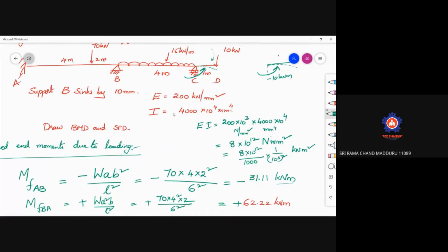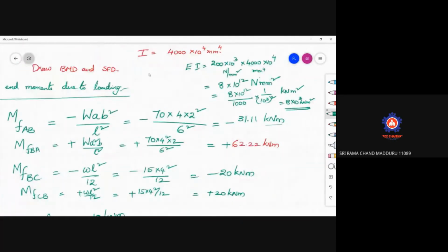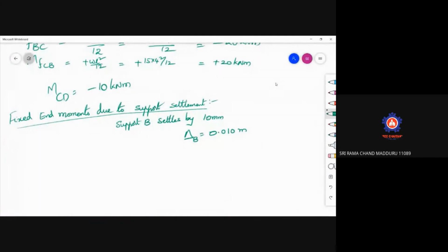So that is 8 into 10 cube kilonewton meter square. That is the value. So now write down this here. EI is equal to 8 into 10 cube kilonewton meter square, which is called flexural rigidity.